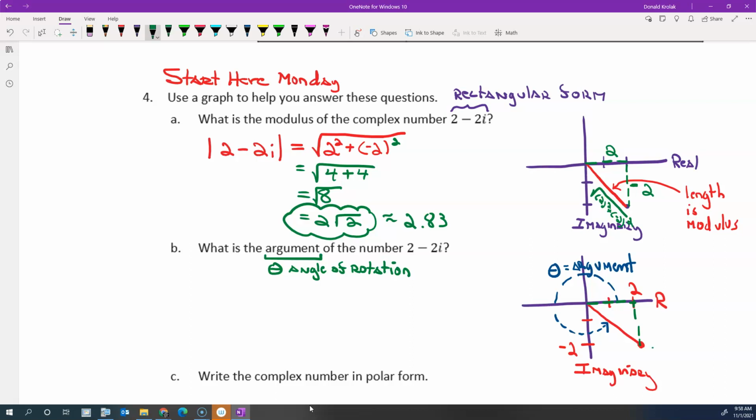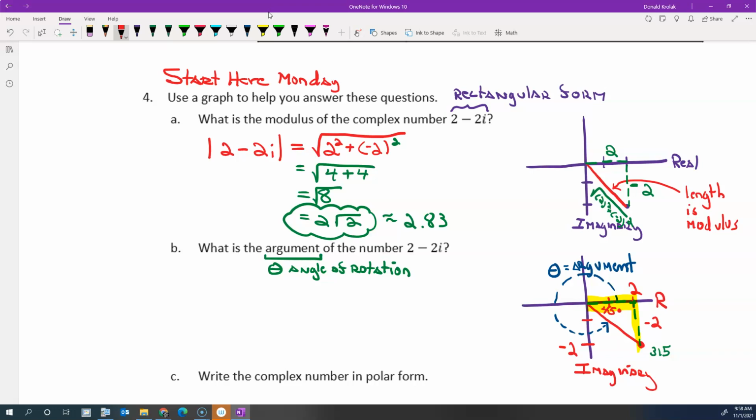How do you know that this is 45, other than it looks it? Because it's 2 across and 2 down. Yeah, the lengths are the same. So if two sides of a triangle are the same length, then this angle has to be 45. Doesn't have a choice.